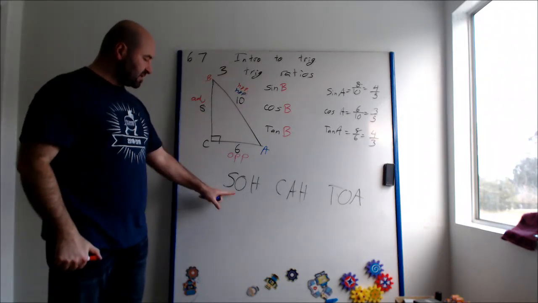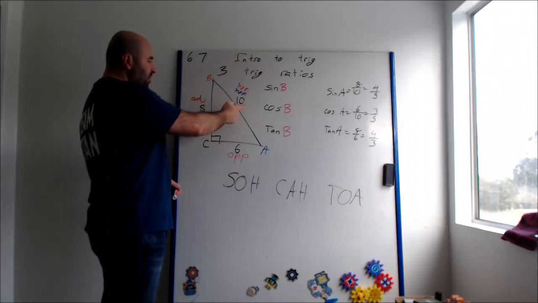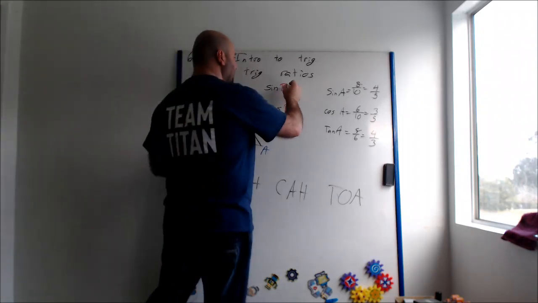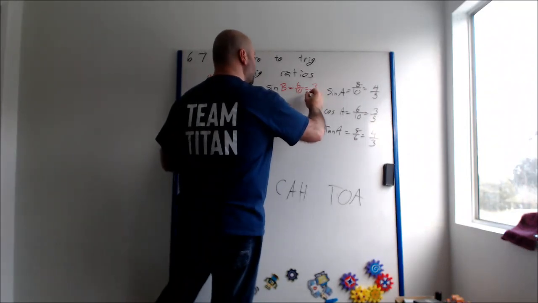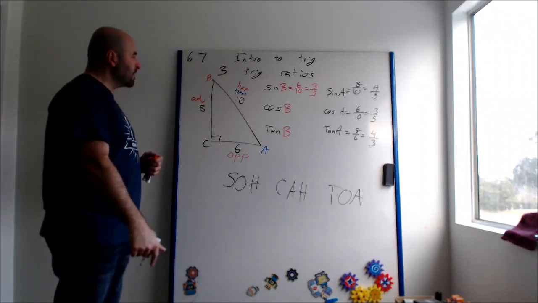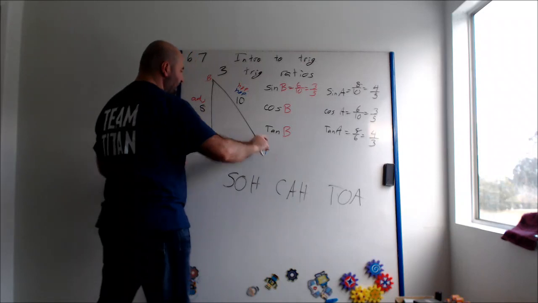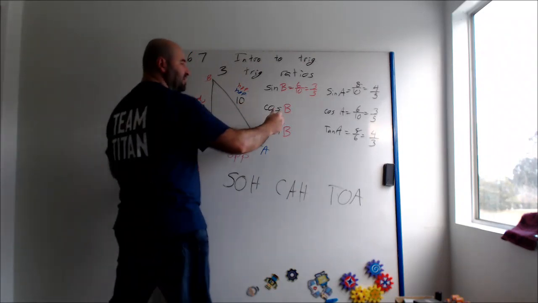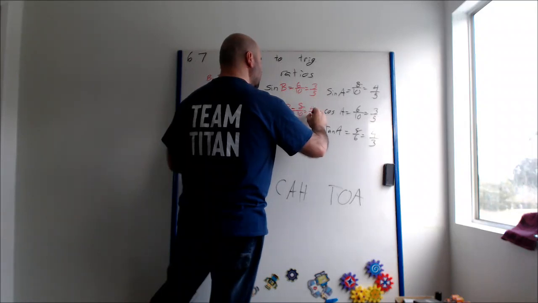Sine of B is opposite over hypotenuse. So now I've got 6 over 10 or 3/5. Cosine, adjacent over hypotenuse, 8 over 10 or 4/5.